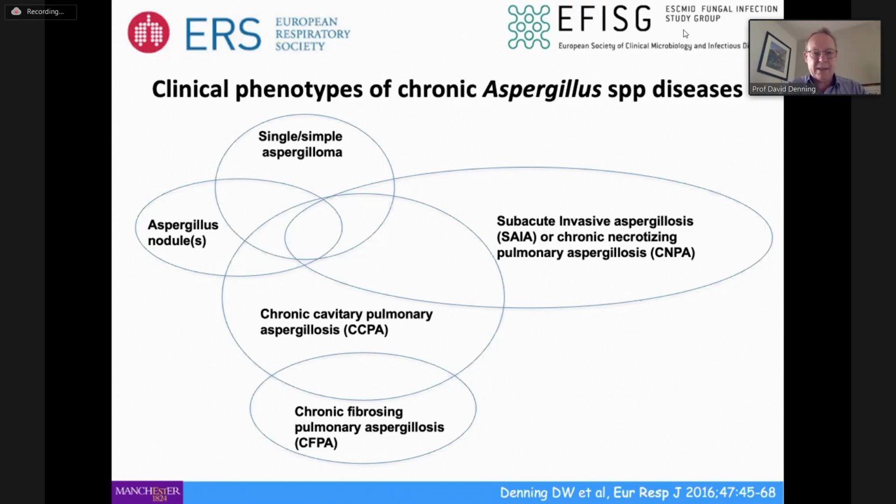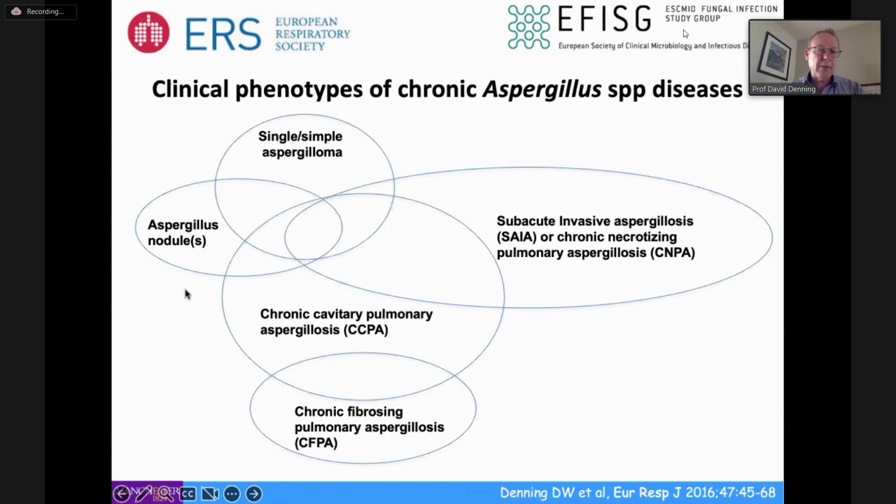The commonest is in the middle of the slide, chronic cavitary pulmonary aspergillosis. And when this progresses, which it does when it's not diagnosed in many patients, you get fibrosis of the lung, chronic fibrosing pulmonary aspergillosis, or destroyed lung. There are also patients with aspergillus nodules, and this mimics lung cancer.